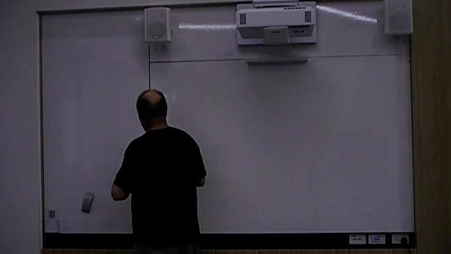Now, addition of vectors. There are two rules for how we add vectors. In your textbook, for some reason, it's pretty much only one. Triangle rule.